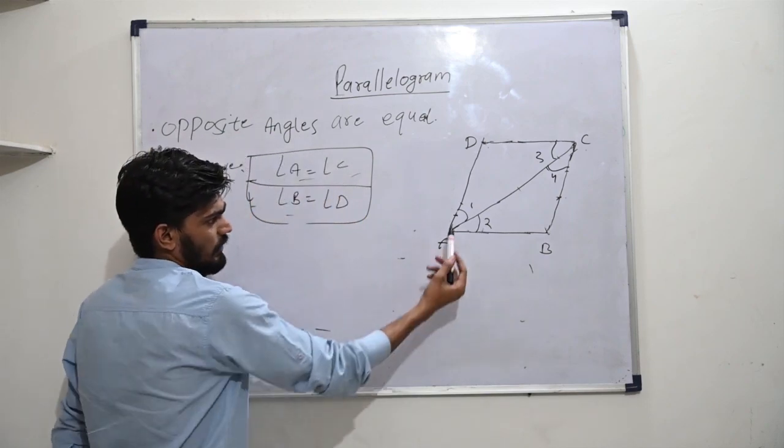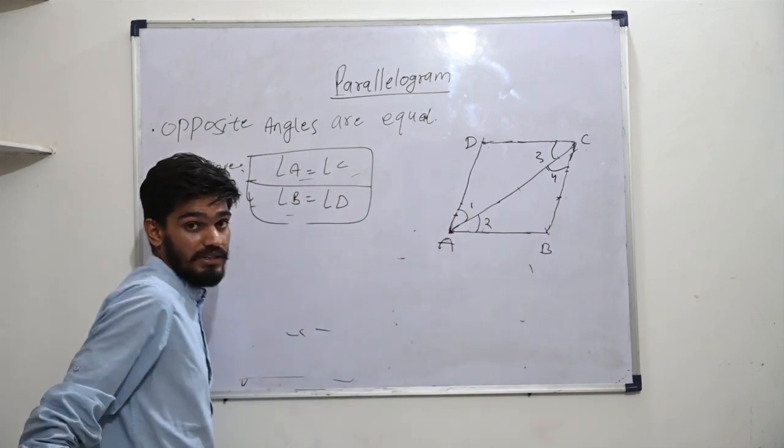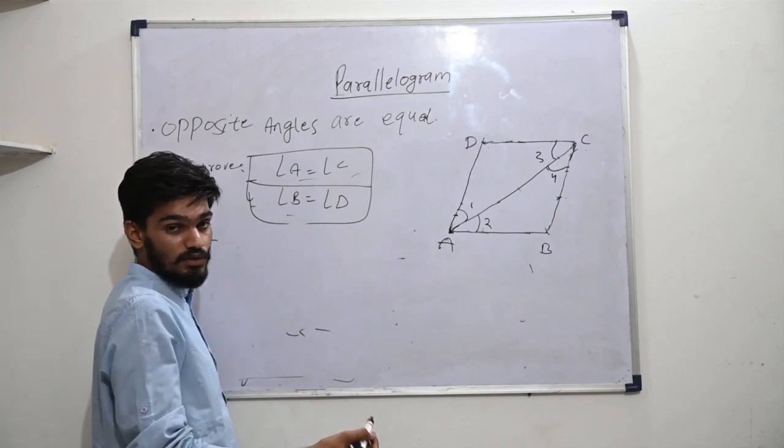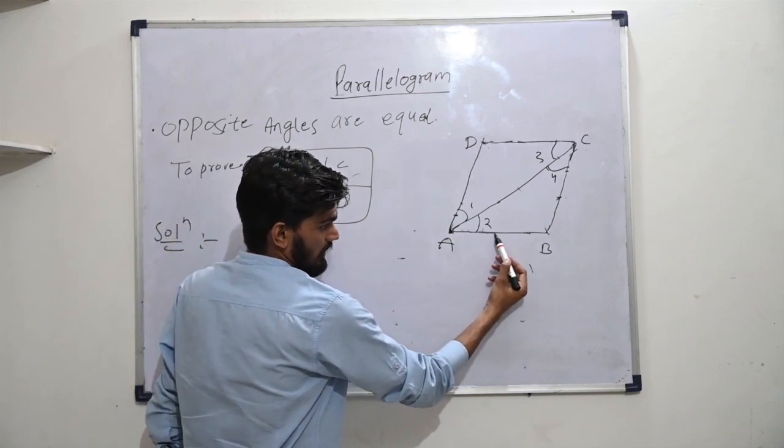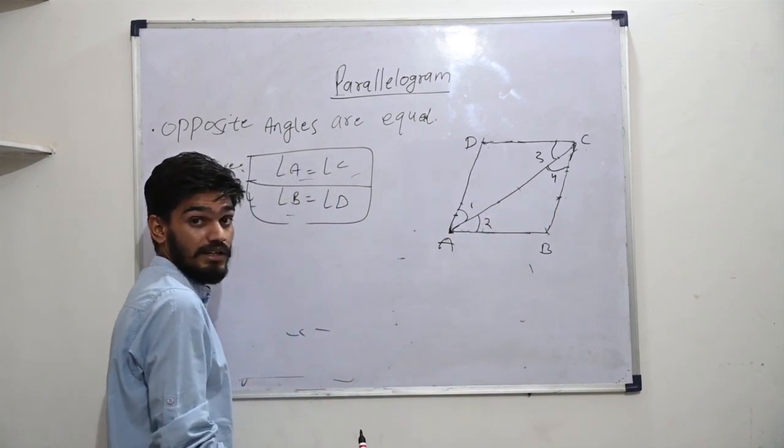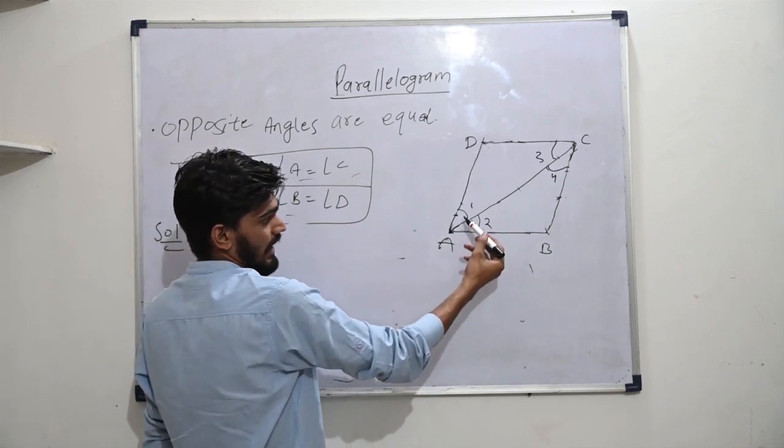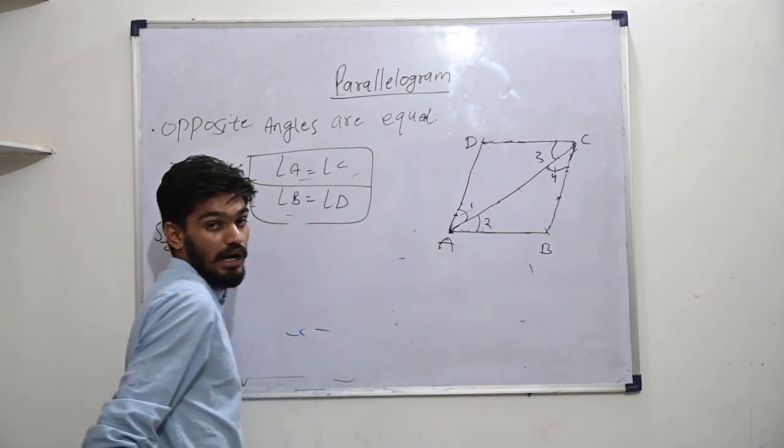Now AD and CB are parallel to each other, and AB and CD are transversal lines. So we can say angle 1 will be equal to angle 4, alternate angles.